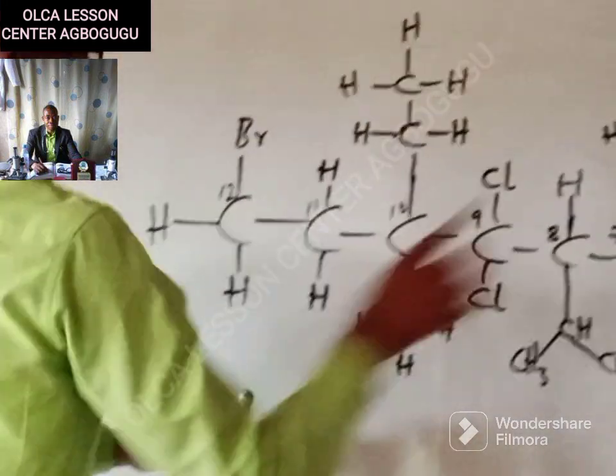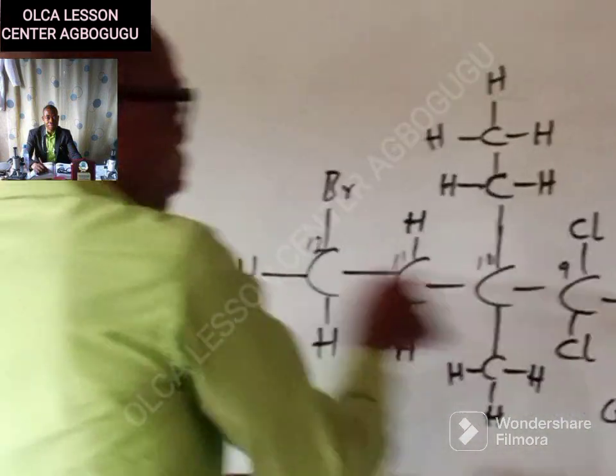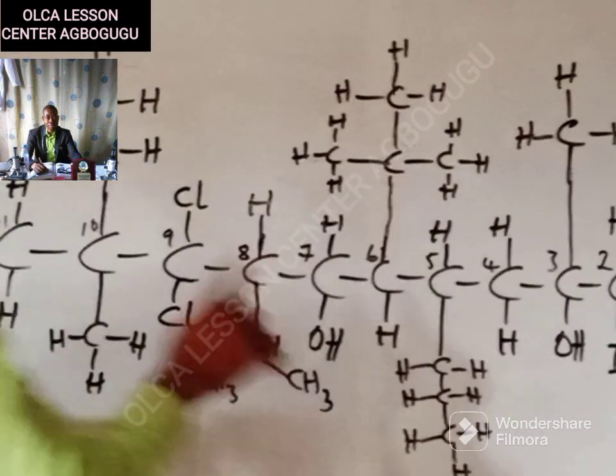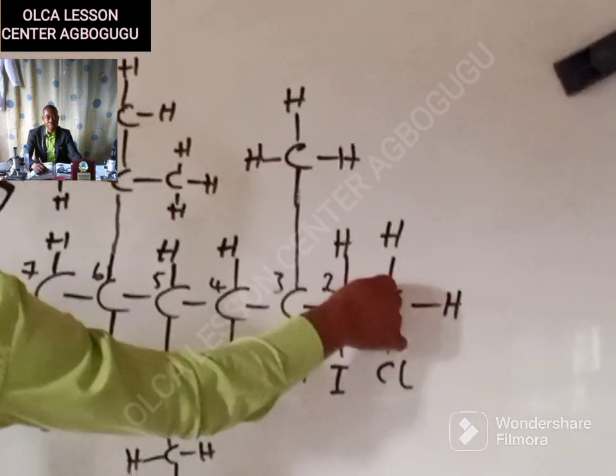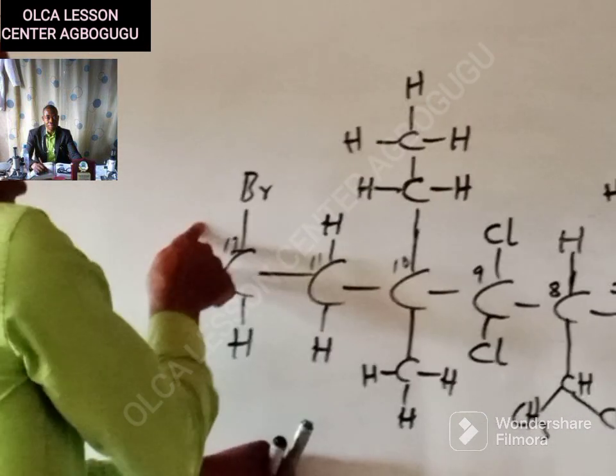When you compare it with the alpha carbon, the closest one to the carbon end is this one. That is why the numbering starts from this place down to this place.